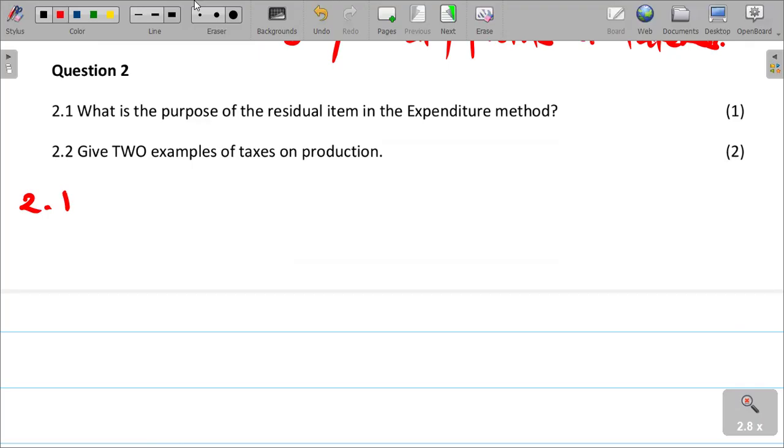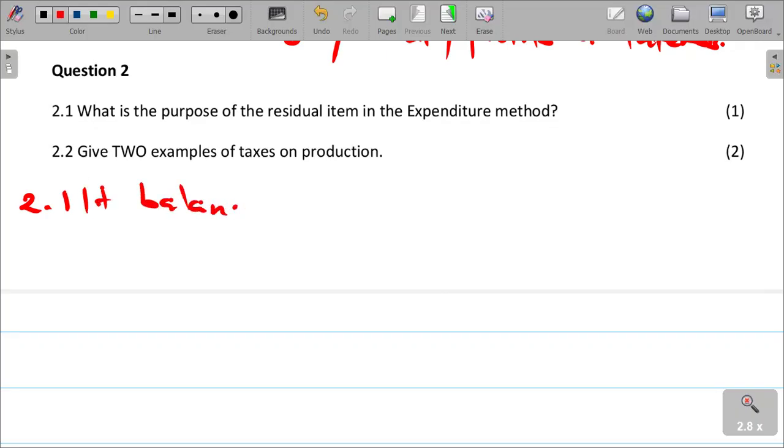So the residual item in the expenditure method, what does it do? It actually ensures the total expenditure equals total income in the national accounts. It balances total expenditure and total income in national accounts.